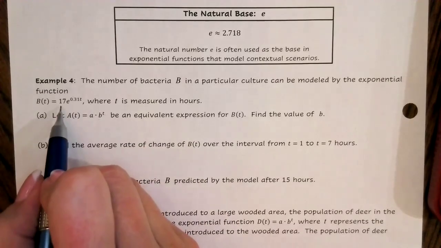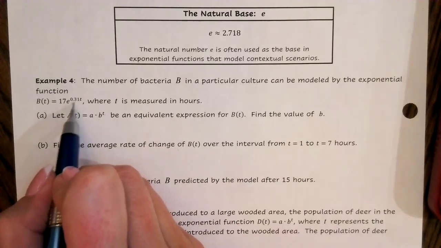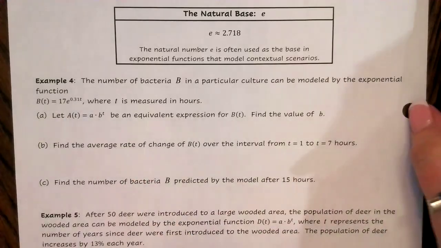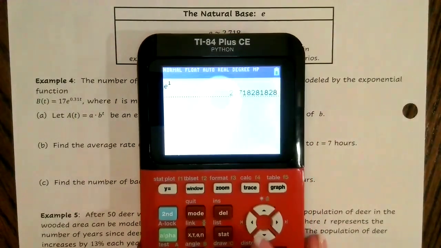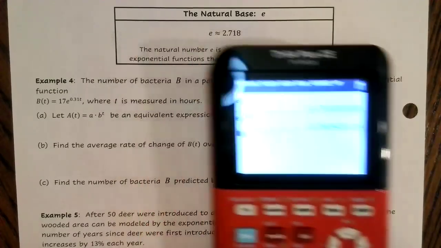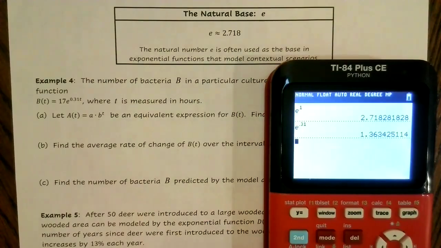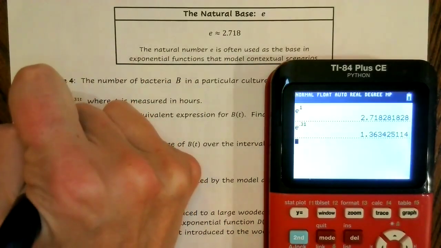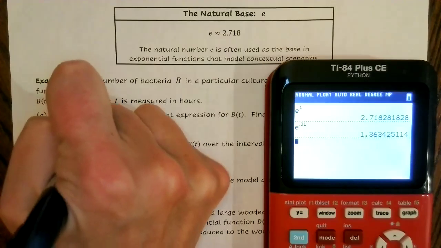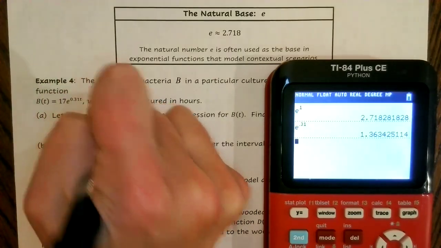And so when we look at this equation, what's being raised to the powers is e to the 0.31. So to find the b value, we would hit second and that natural log, and then we're going to raise it to the 0.31 power. And so that would be my b value, 1.363.